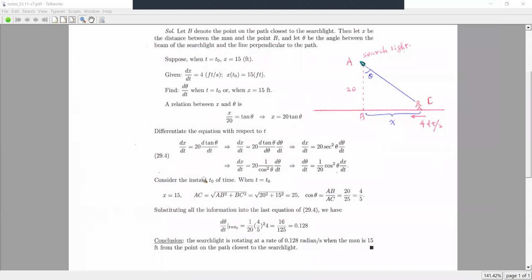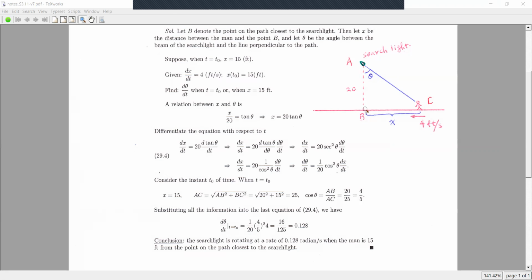Now consider the time t0. When time is t0, x is 15. Apply the Pythagorean theorem to this triangle. Then we have AC. AC is the hypotenuse of the triangle. AC is equal to the square root of AB squared plus BC squared.